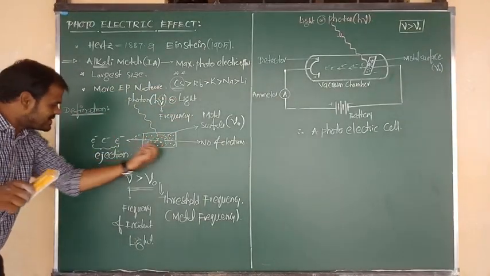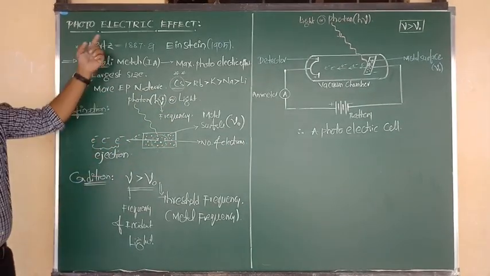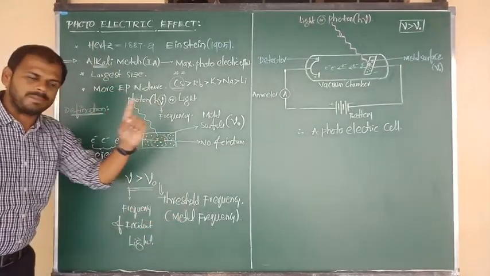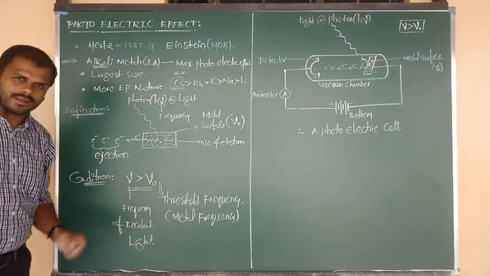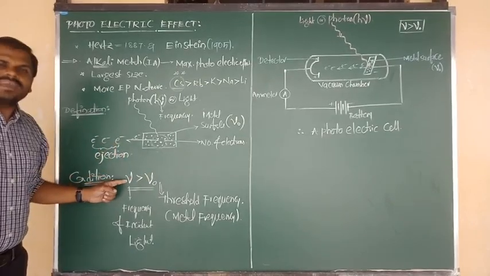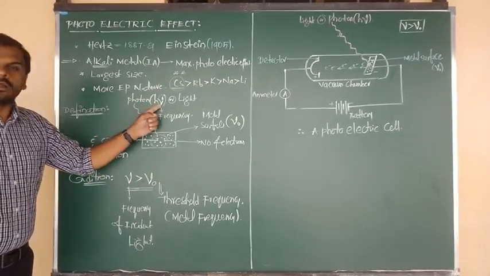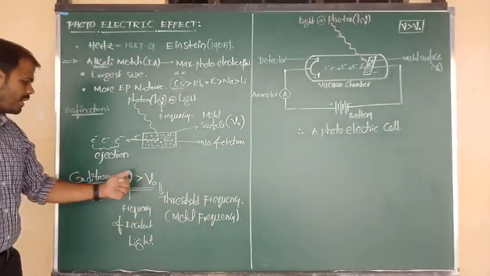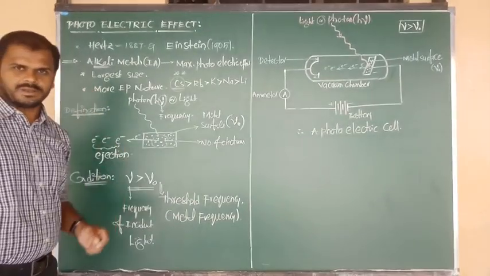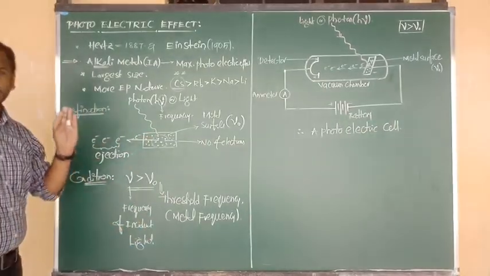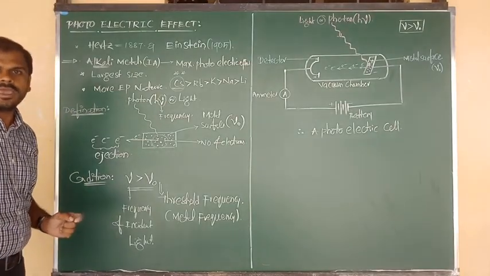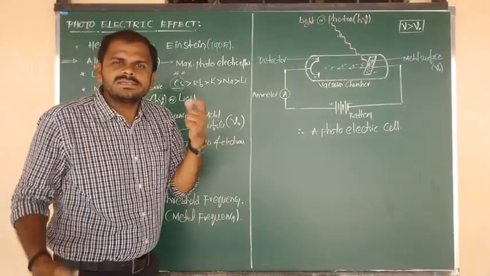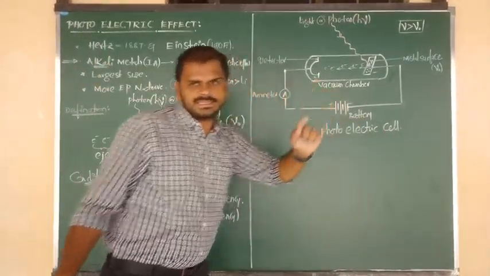So ejection of electron, or photoelectric effect, we can see only by applying the condition nu greater than nu naught. The frequency of incident light, nu, must be higher than the metal frequency, or threshold frequency of the metal. I hope you understand this condition clearly. Very good. Okay, now as per Einstein's, I am going to give you some information about the photoelectric cell.